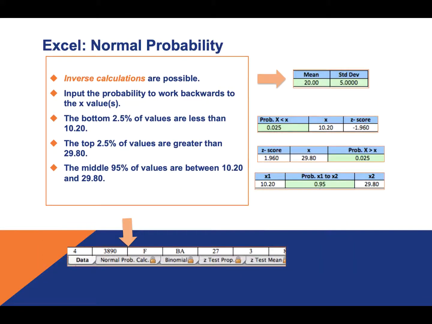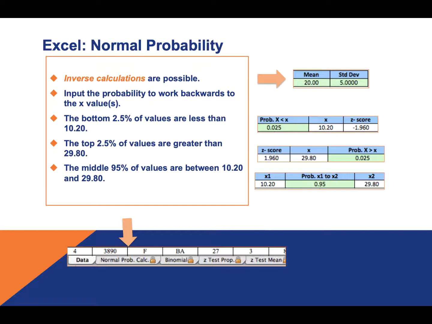Our normal probability calculator will also do inverse calculations. Instead of inputting an x value, such as 15 or 25, we can specify a probability and work backwards to obtain the x value.